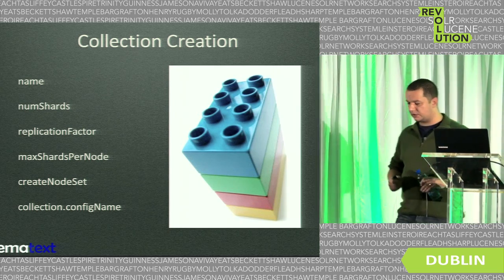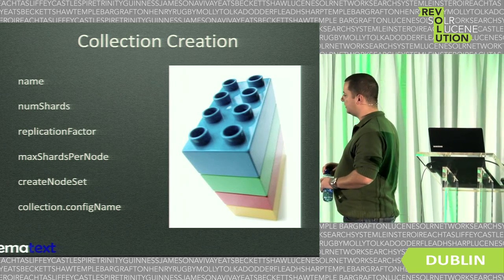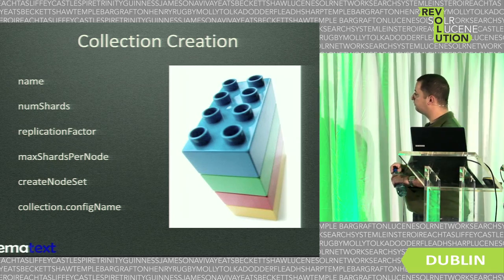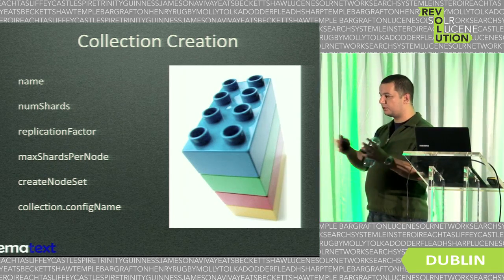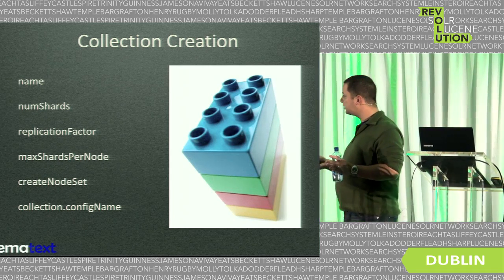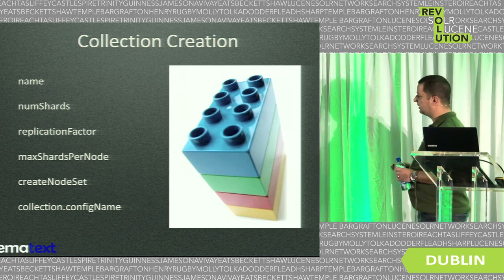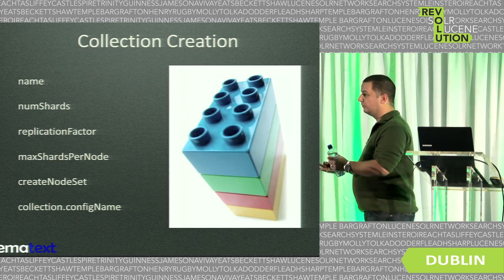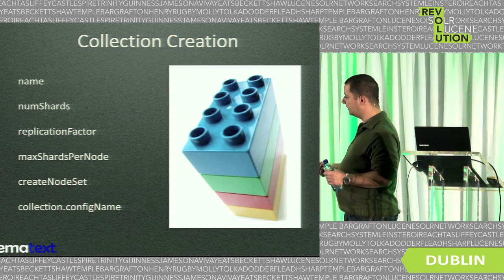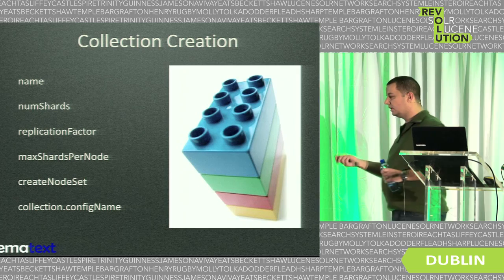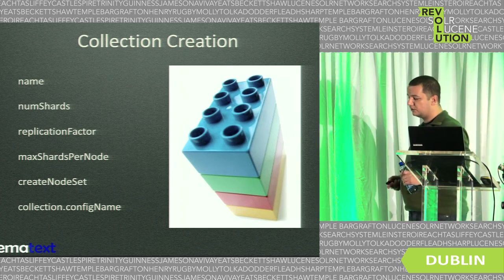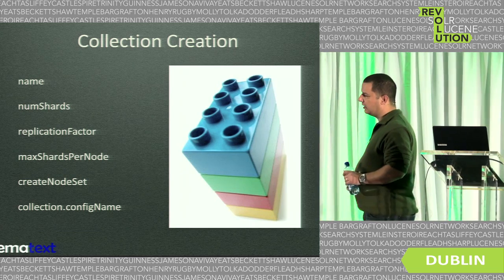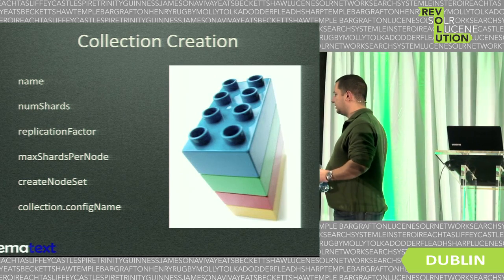The create node set parameter is there to specify on which nodes Solr will create the collection. By default, Solr will try to spread the collection to all the nodes available, if that's possible. But sometimes we want to create it on only a few of the nodes, so that's when we can specify the create node set parameter by appending the IP addresses separated by commas.